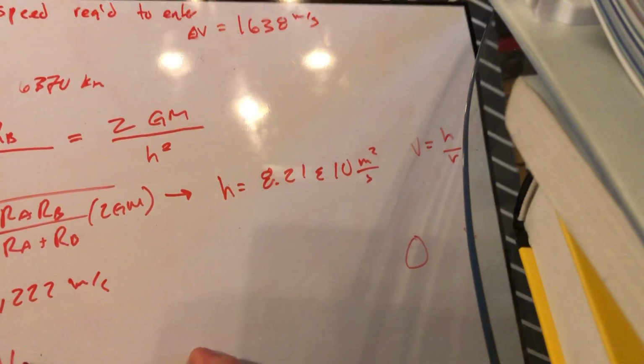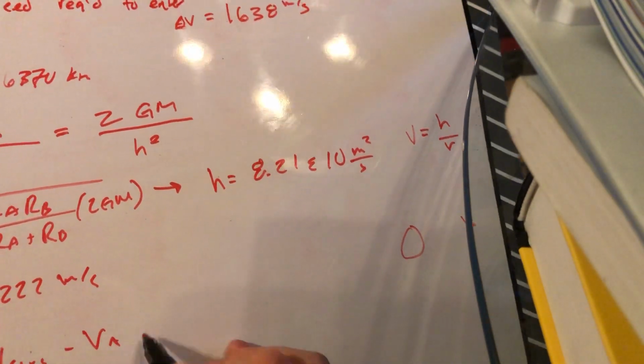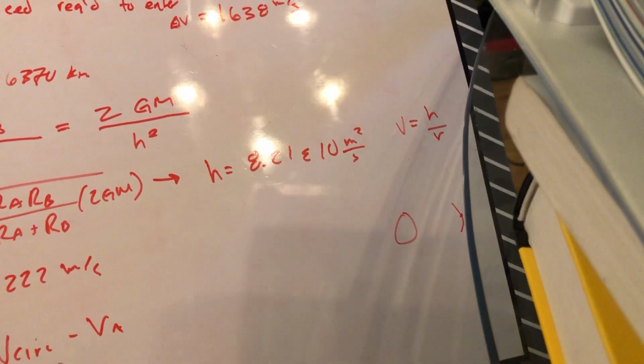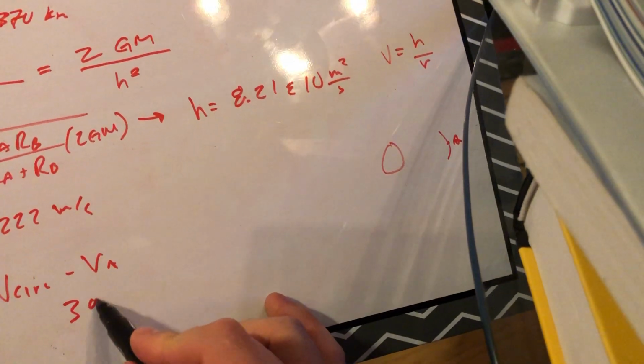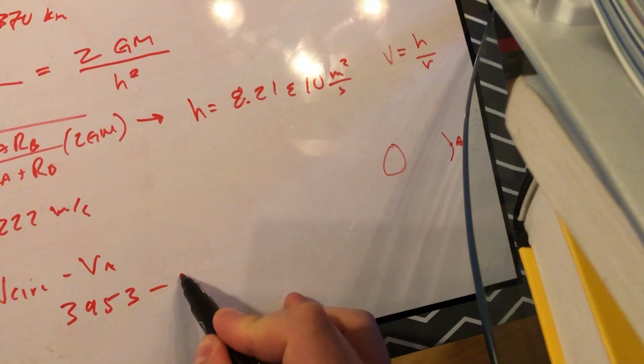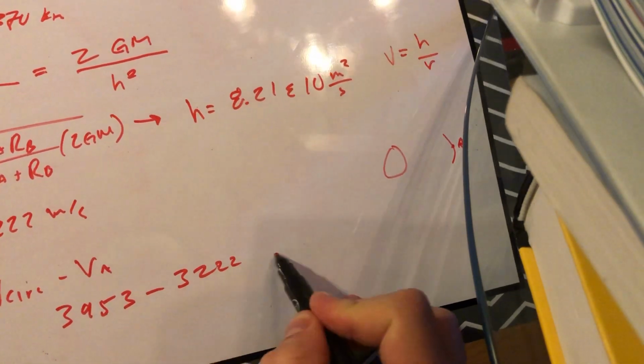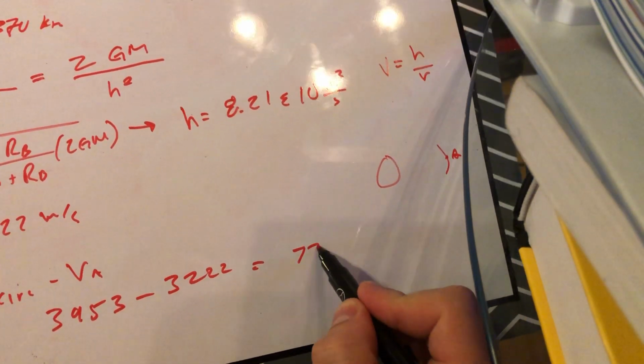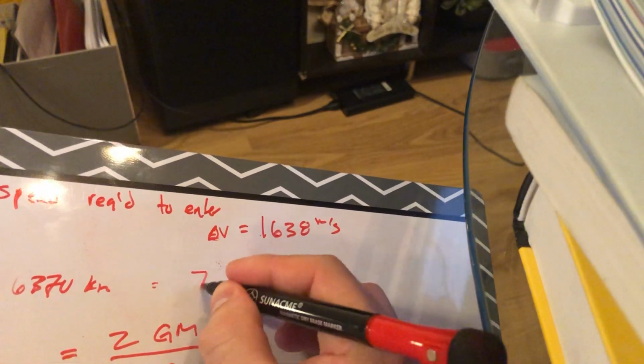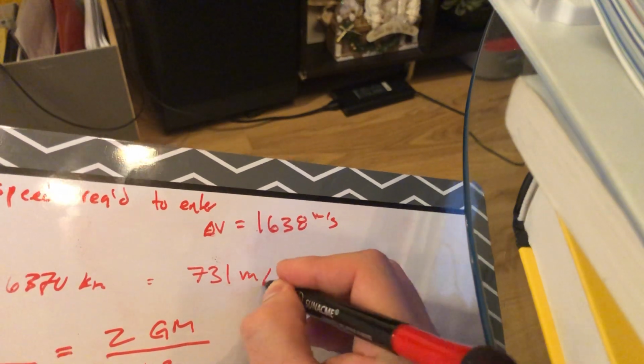We did V circ earlier. That gives us 3953 minus 3222, and that is going to be 731 meters per second.